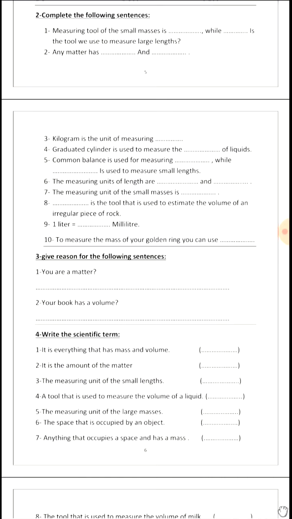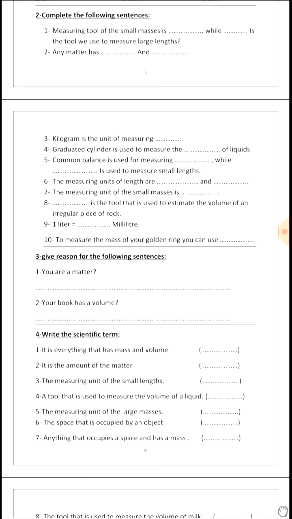Number 6. The measuring units of lengths are meter and centimeter and kilometer. Number 7. The measuring unit of small masses is gram. Number 8.